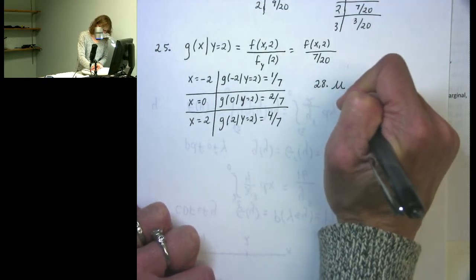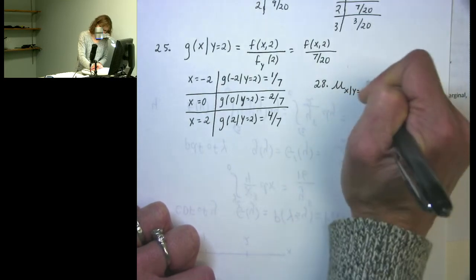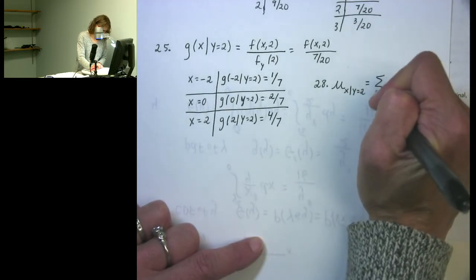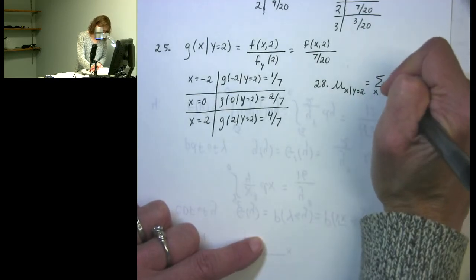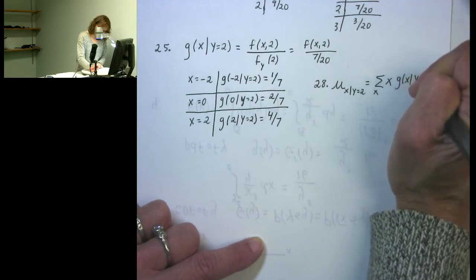The mean of x given that y is equal to 2. To do that, for all the possible values of x, I'm going to take x times g of x given that y is equal to 2.